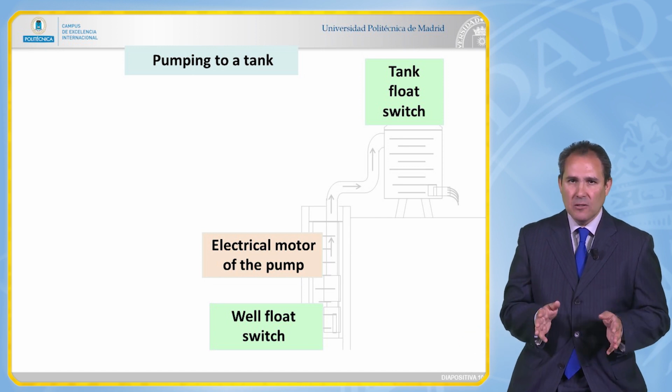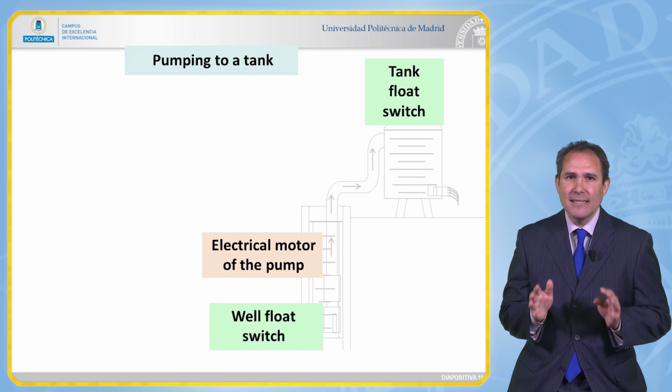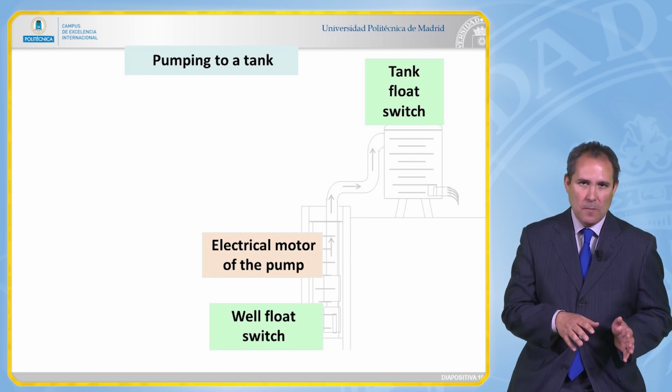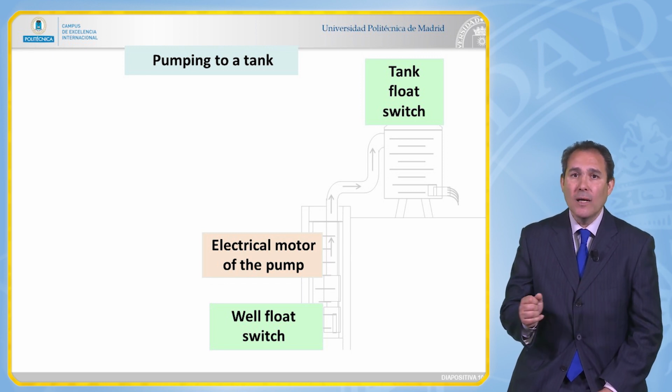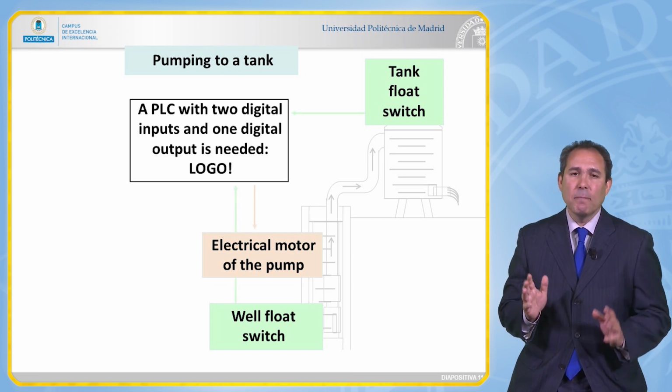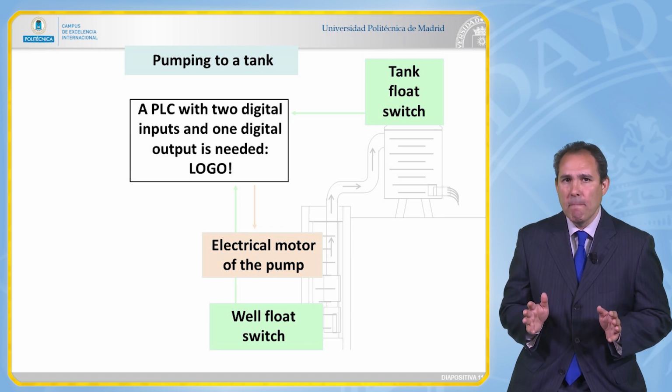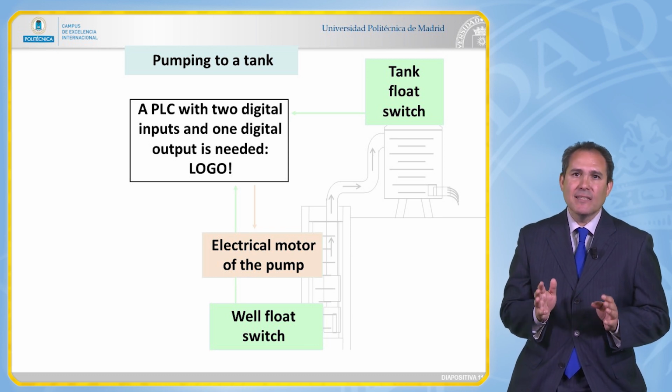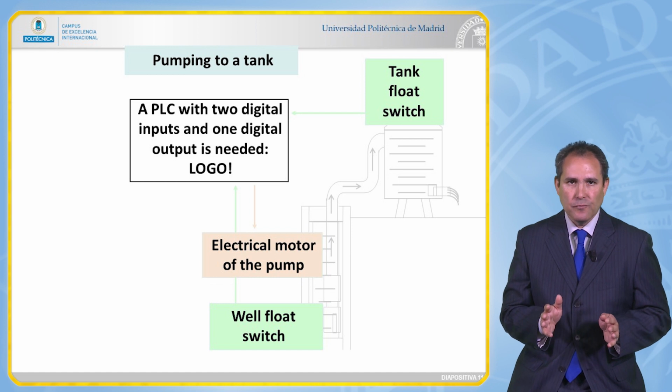Pumping can start when there is water in the well sensor and stops when there is water in the tank overflow level. The process is usually done at night, in which electricity is cheaper.